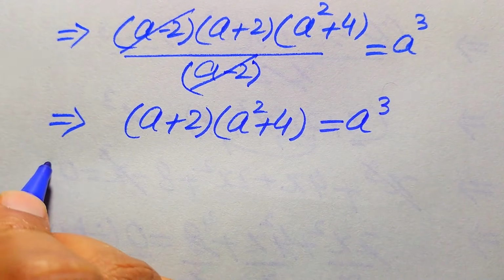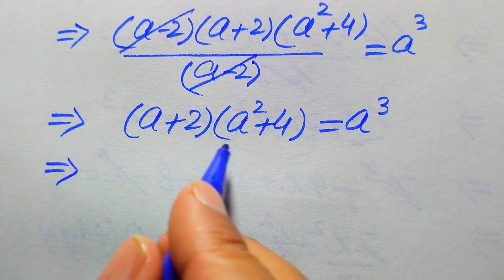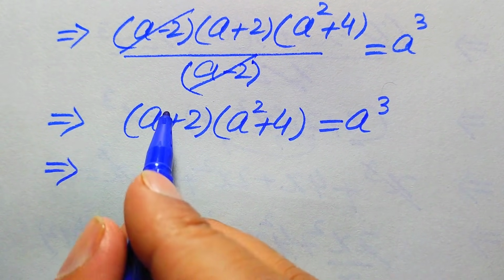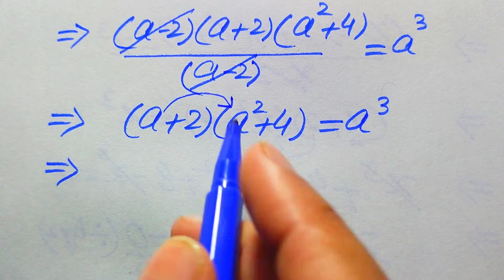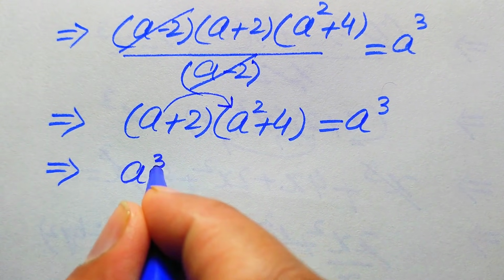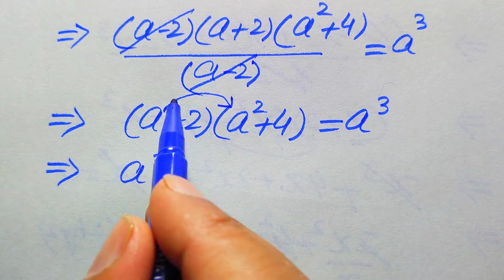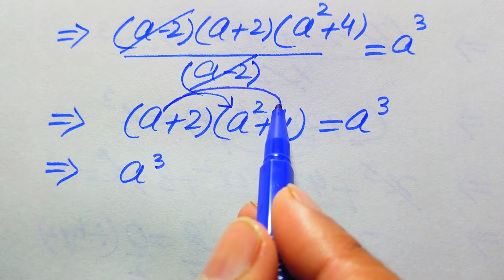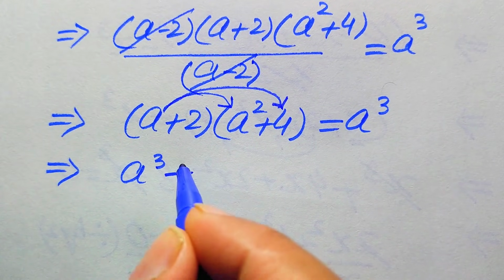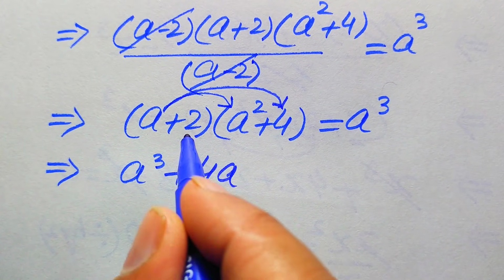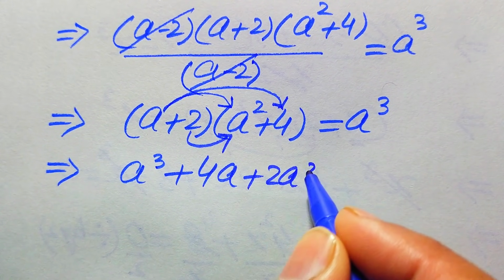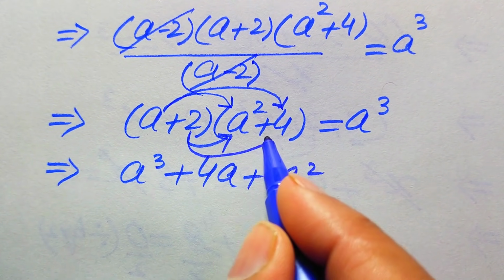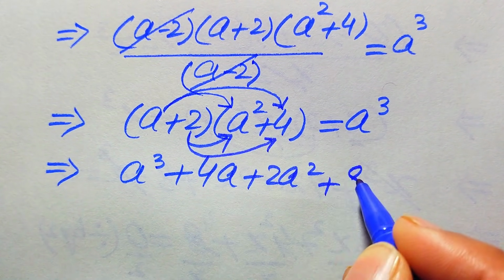And now further in the next step, we need to multiply both of these two factors. First we multiply a with a square. We know that a multiplied by a square becomes a cubed, and when we multiply a with 4, it becomes 4a. Now we multiply 2 with a square, which becomes 2 times a square, and when we multiply 2 with 4 it becomes 8.